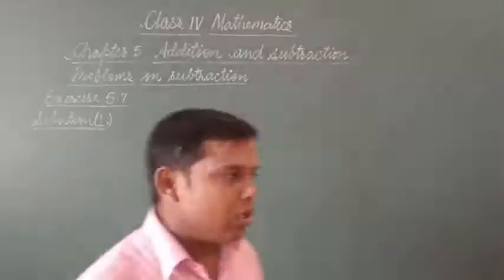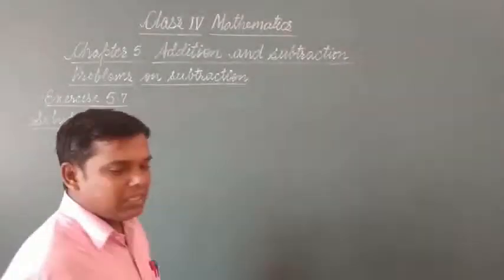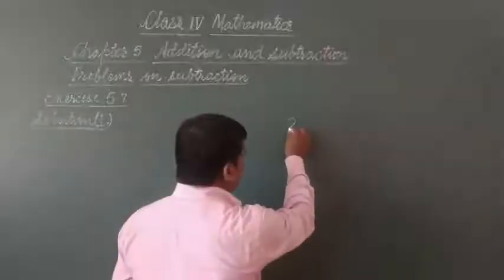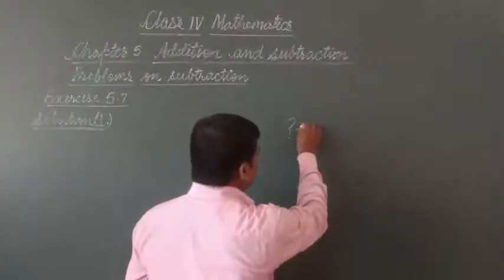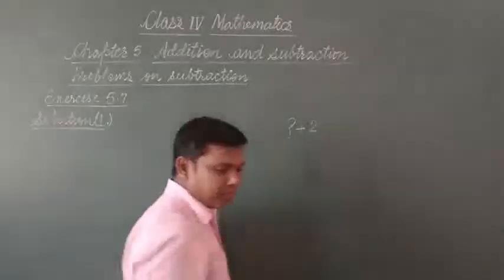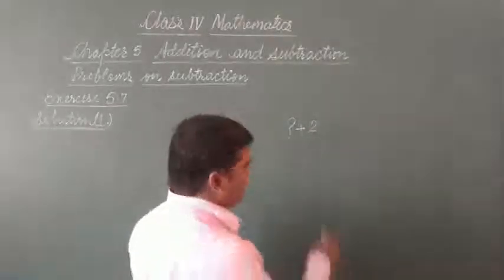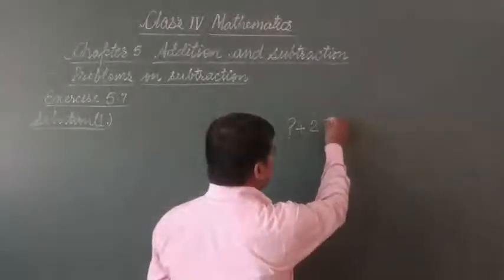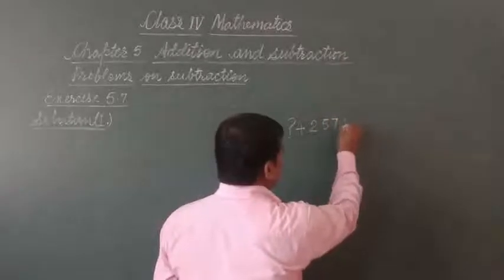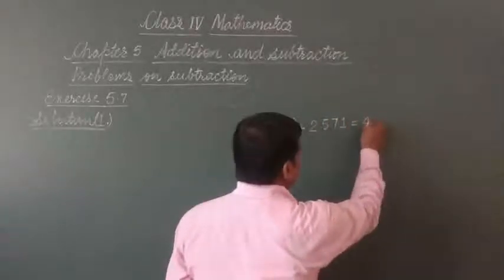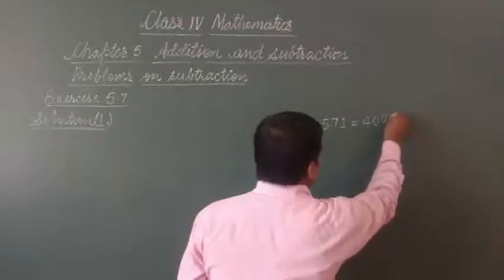You can write also in general what should be added. What should be added to 2571 so that the sum will be 4000. Like this.